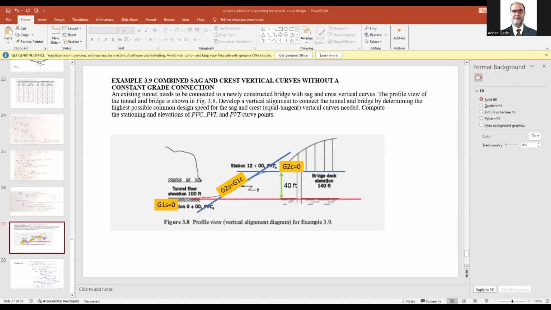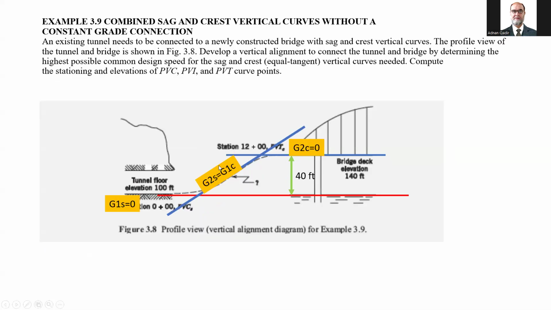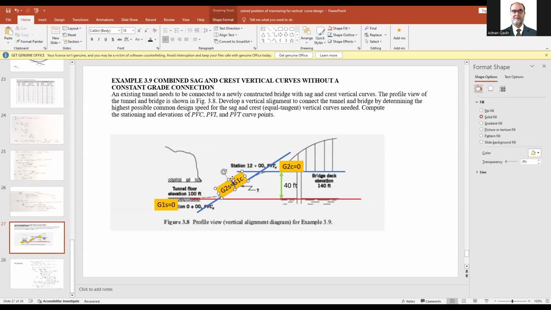If we look at this in detail, what I've done here is I've drawn this straight line, this tangent, and this is one curve, and this is another curve. Now, as you can see, this is at the level, so the first grade of the sag curve will be 0, naturally, and there is some grade.